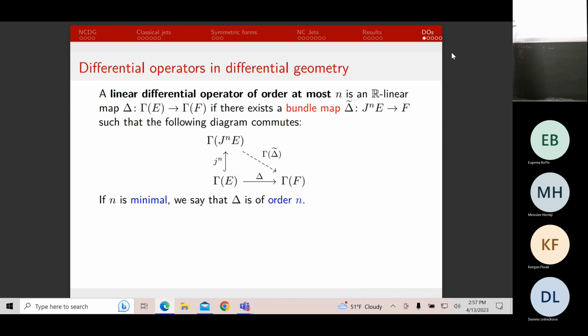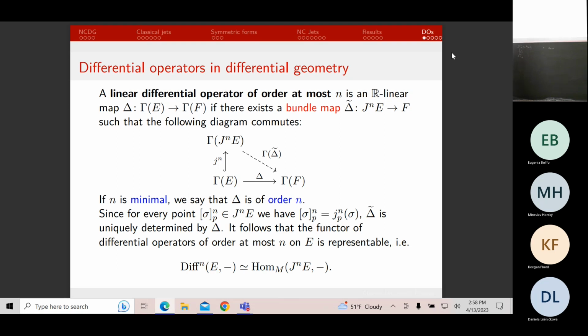So we can define differential operators as those linear maps of sections such that they lift as bundle maps from the n-jet to the codomain. And if n is minimal, then we say that the differential operator has order n.